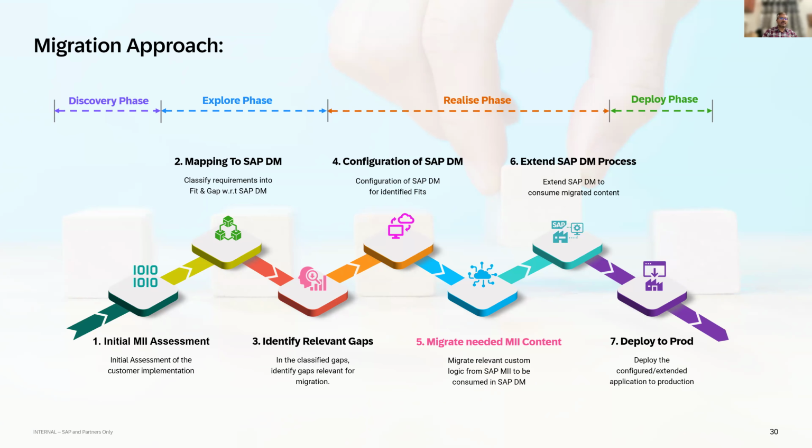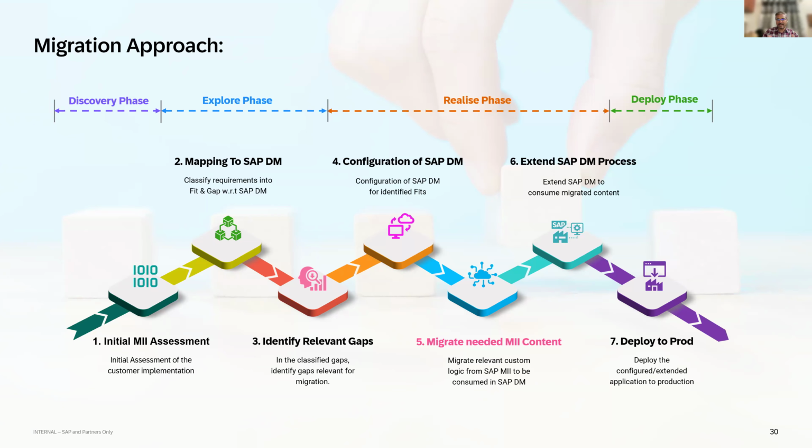So anything that you have already invested in developing in MII can be easily moved or migrated to the cloud platform, and thereby the digital manufacturing solution extends itself and uses those as extendable services, and hence the effort in terms of development of these requirements again in the cloud is minimized.